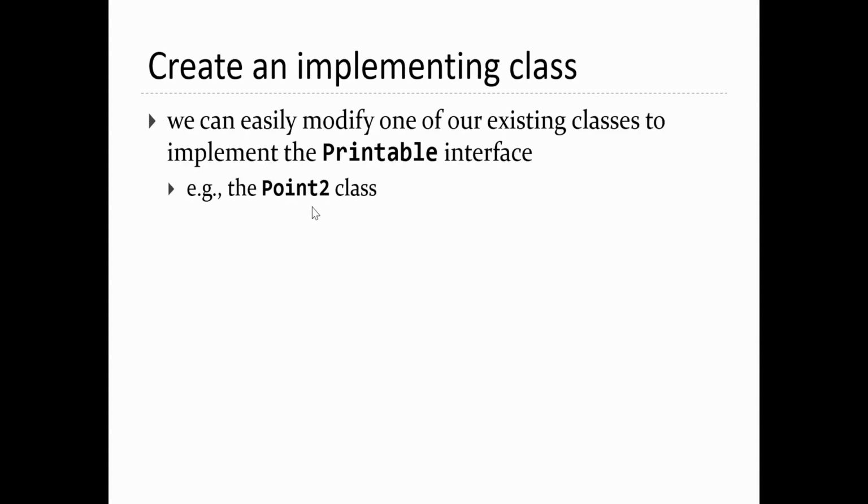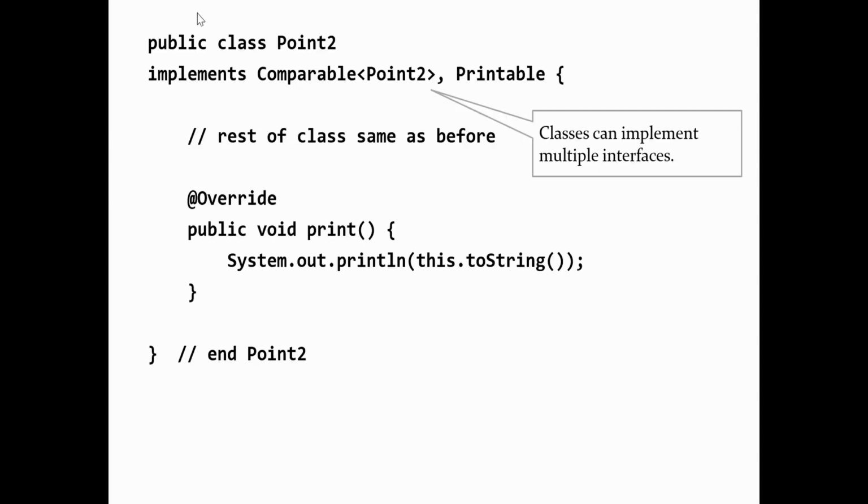For example, I can take the point2 class, and I can now say point2 implements the printable interface. We've already modified point2 once to implement comparable. A class can implement as many interfaces as you want, so we can also implement the printable interface. You just separate the interfaces with commas.